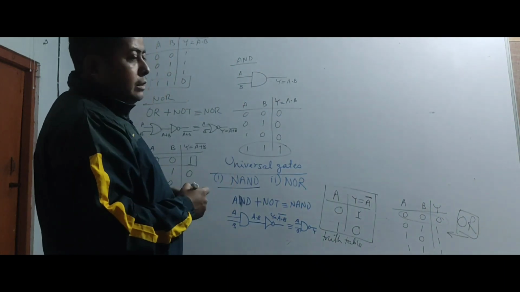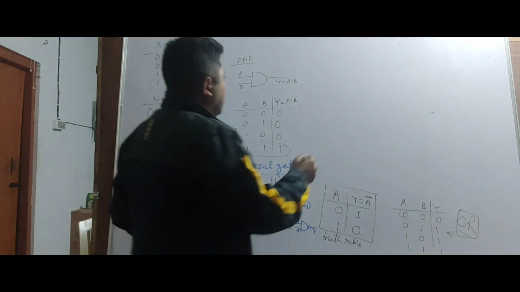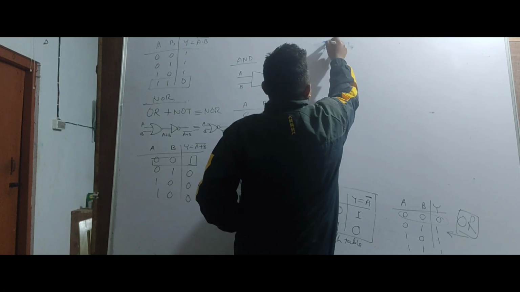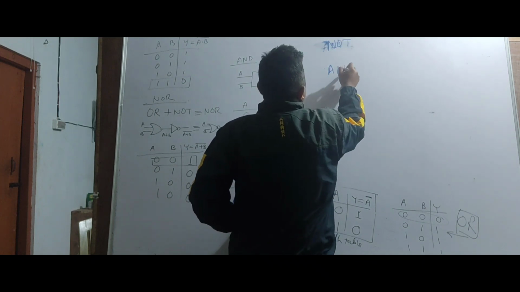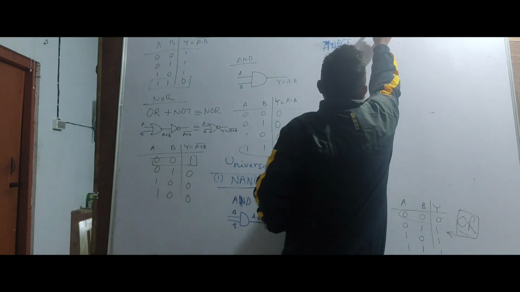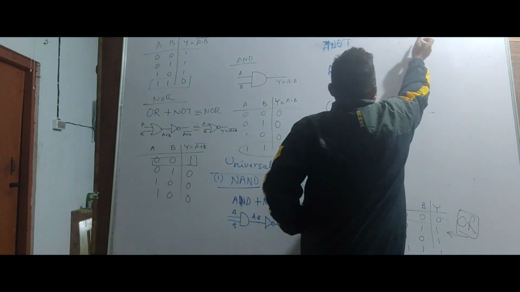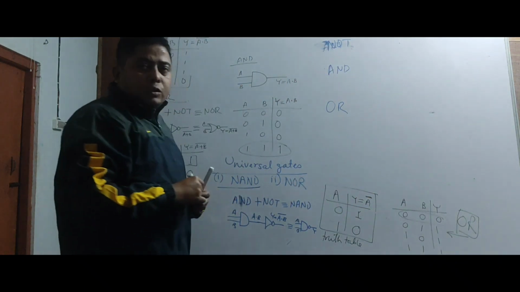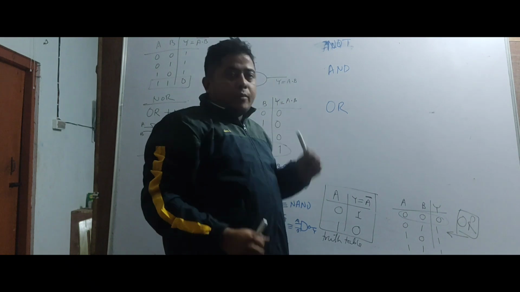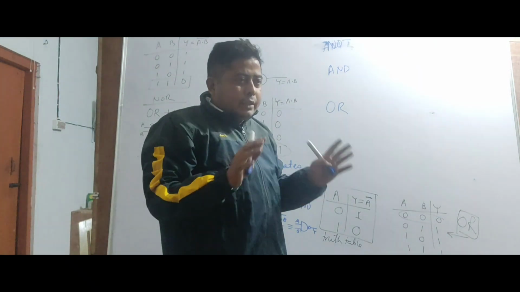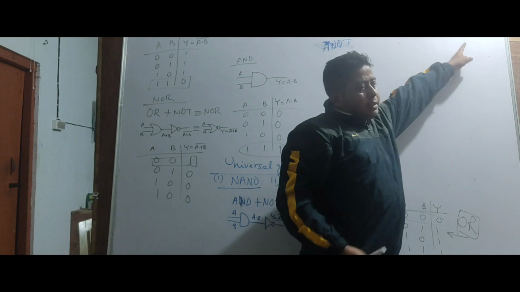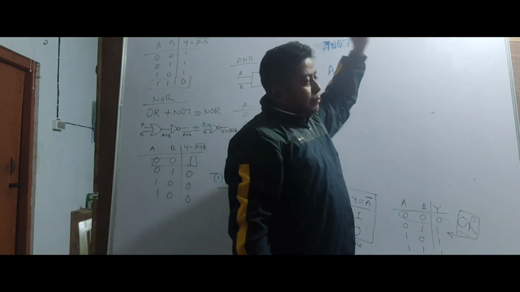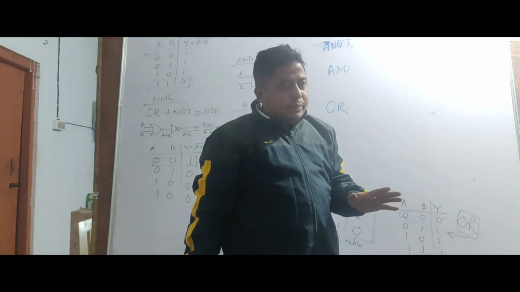Basically what we want to do is to have AND logic, NOT logic, and OR using NAND and NOR. Using these 2 gates, how to get these 3 basic gates. These are universal gates. How we can get these gates by combining them, that is our aim.